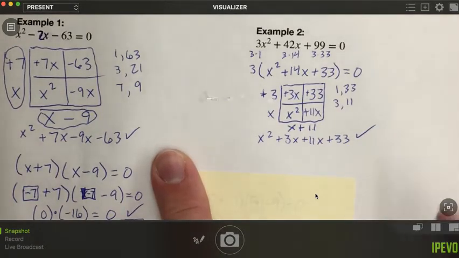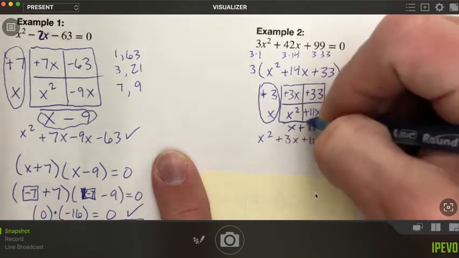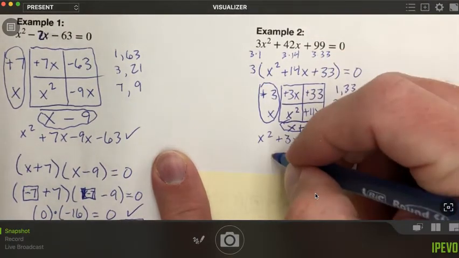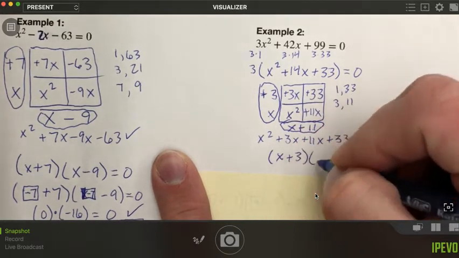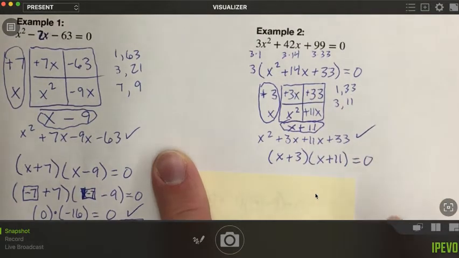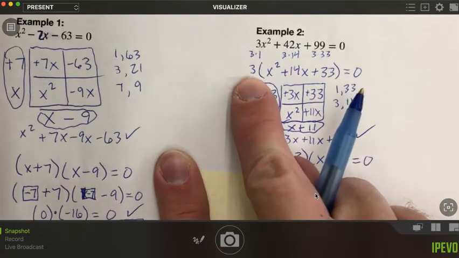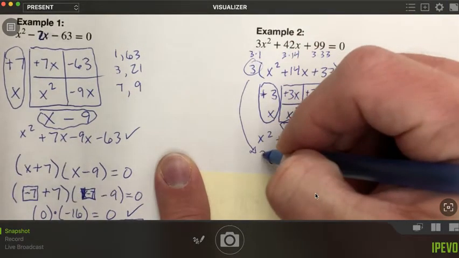And so let's use our factors here. So now we know that we can rewrite this as x plus 3 times x plus 11 equals 0. But what I can't forget about is, remember, we pulled out this 3 at the beginning. So that's just going to come down and follow us.